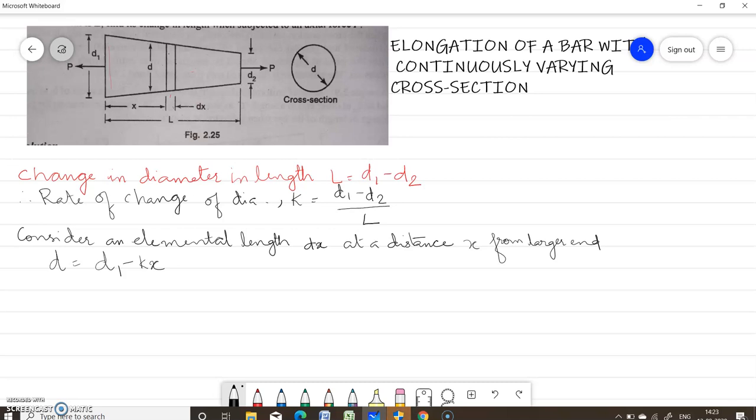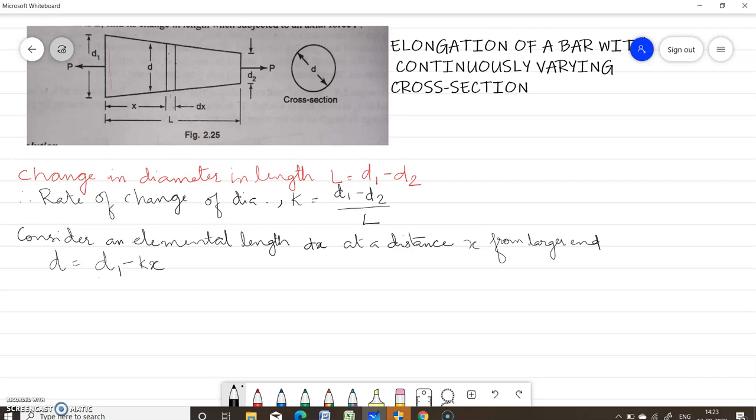So the diameter is d1 minus k into x. The diameter of this elemental portion where we are considering the elemental length is d1 minus k into x.